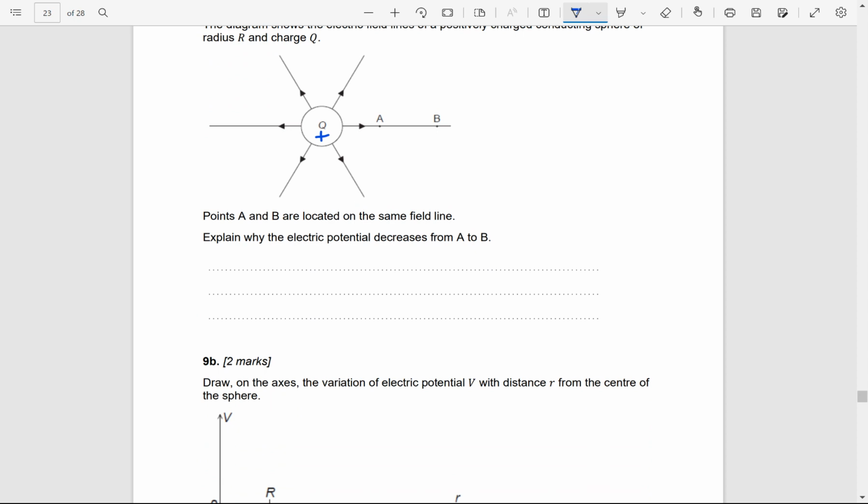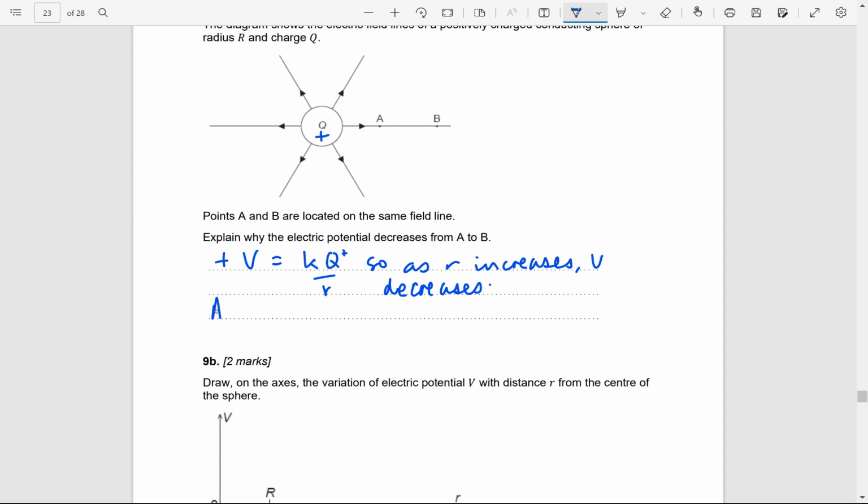So we have a positive electric potential because it's KQ, and Q is positive, divided by R. So as R increases, V decreases, first of all.